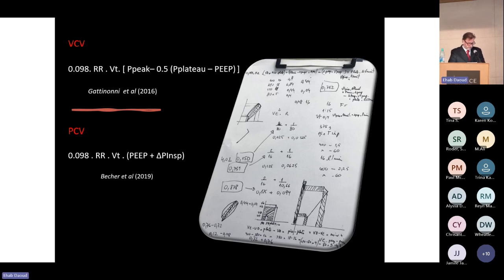And if you use pressure control ventilation, you can use the Becker formula or van der Merwe. Becker just multiplies peak pressure, tidal volume, and respiratory rate by 0.98.